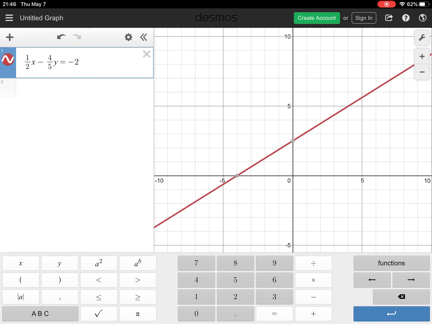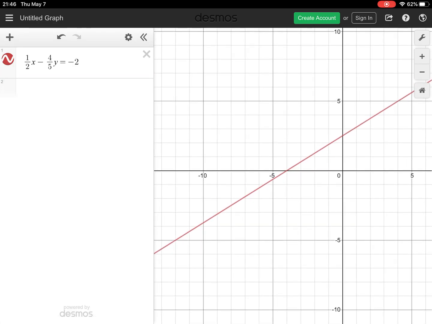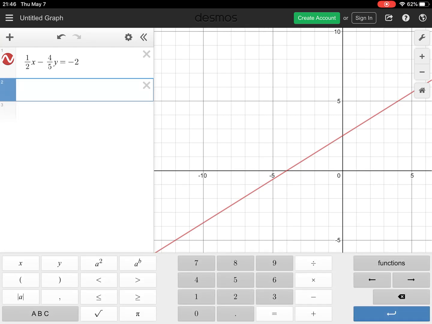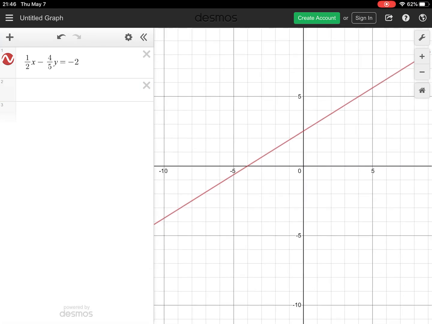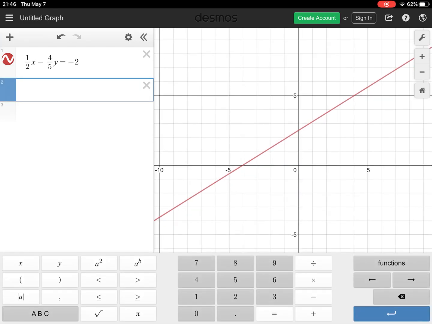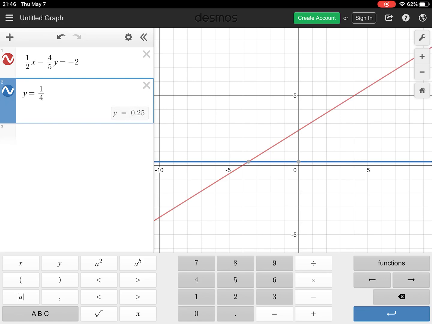There's our first equation. Our second equation is y equals 1/4 x minus 3/8.